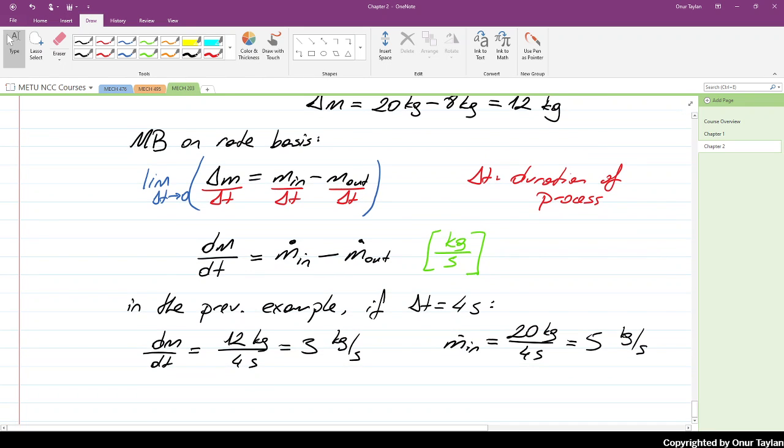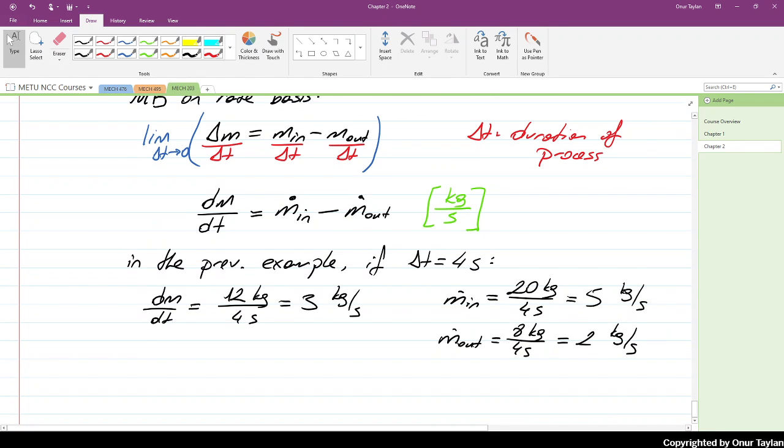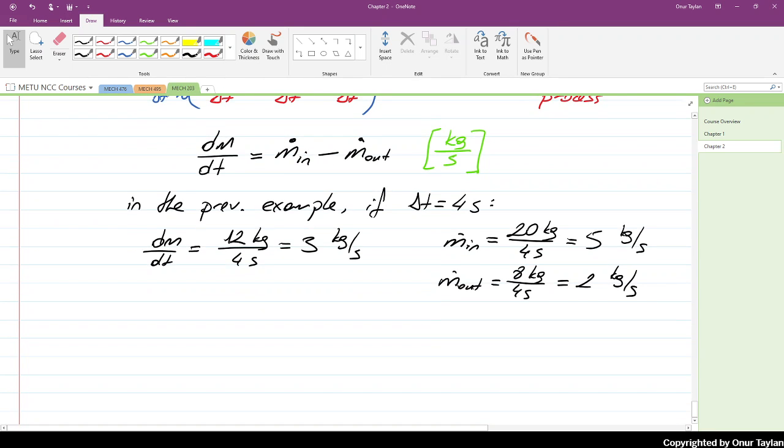M dot out, similarly, was 8 kilograms divided by 4 seconds, so it is 2 kilograms per second. So each and every second we give 5 kilograms, we take out 2 kilograms, and eventually for each and every second we increase the mass of the system by 3 kilograms. So the schematic will be something like this eventually.